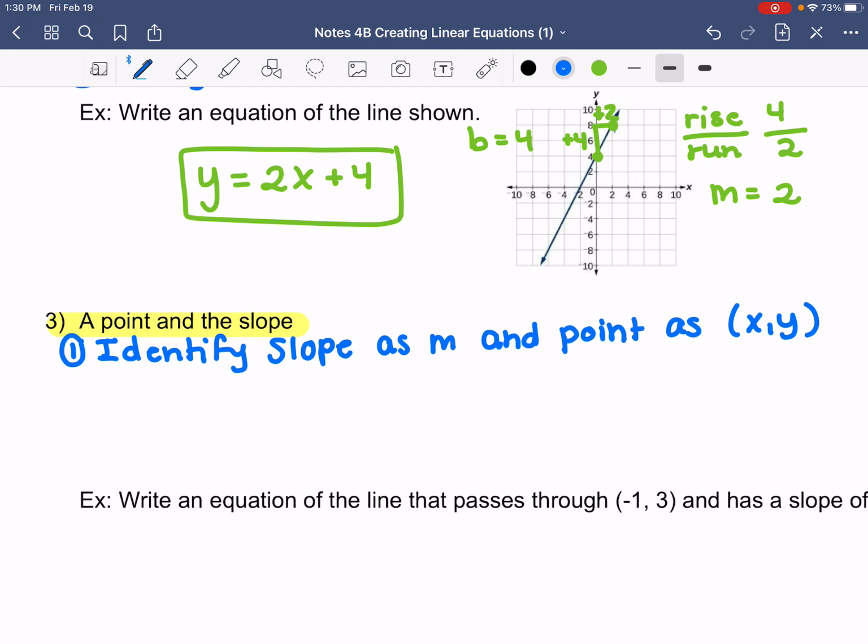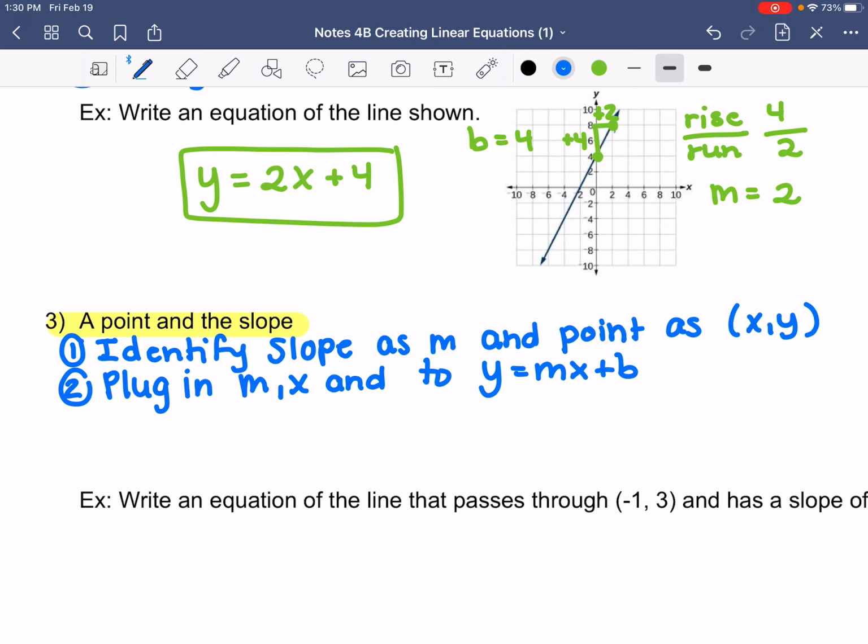Then what you're going to do is you're going to plug in m, x, and y to y equals mx plus b. You're going to go ahead and then solve for b, the y-intercept, and then once you have b, you're just going to plug m and b back in.